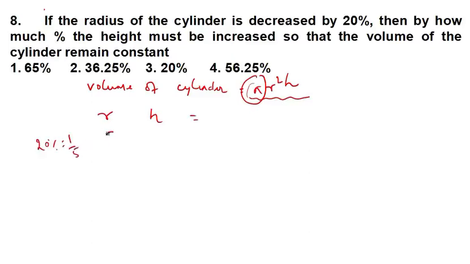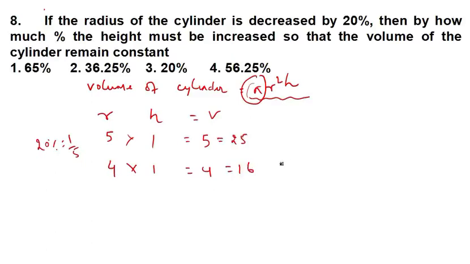Before it was 5, radius was 5, now it becomes 4. In height nothing is given, so I'll just assume as 1. So it is 5 and 4. But you know that this is r square. If you want to take out volume, radius is r square. So it will become 25 and this will become 16.